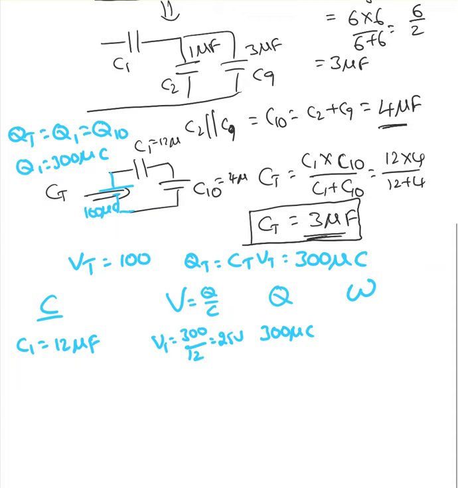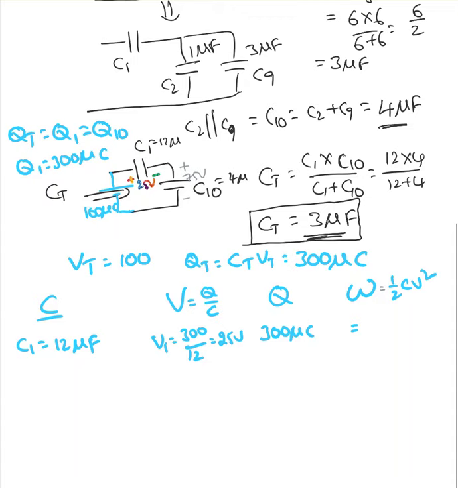Let me see if I can use a different color. So here it is 25 volt. And the voltage here must be 75 volt. So W equal to energy stored in the capacitor, which is half CV square.